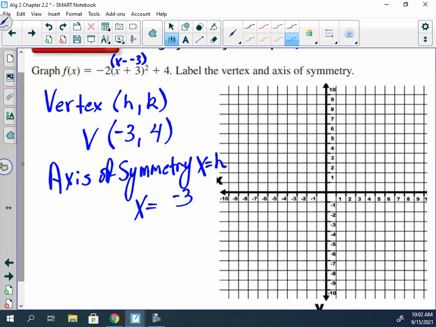Now, I'm not going to require you to graph this, but if we were to graph this, well, we can use the vertex negative 3, 4. That would give us the vertex. And we know that the axis of symmetry is going to be this line going straight up and down at negative 3.